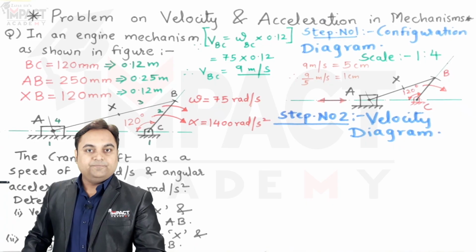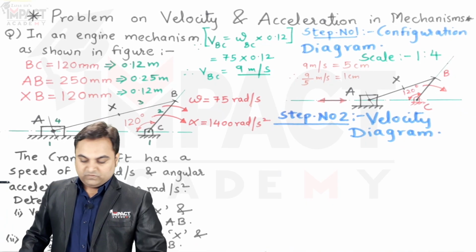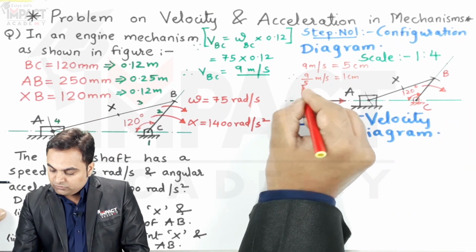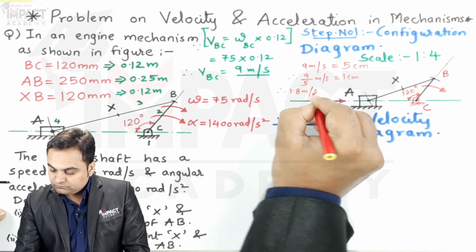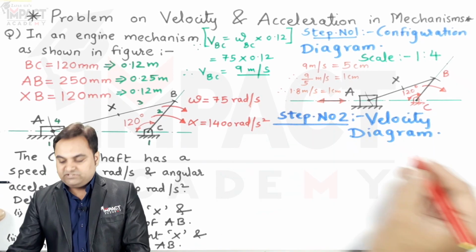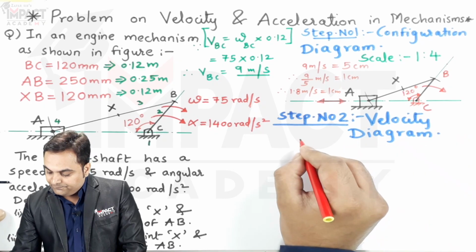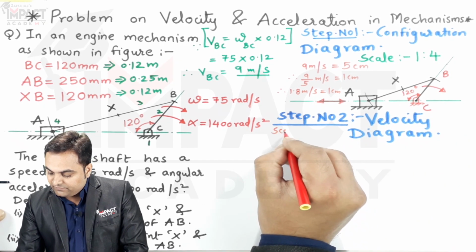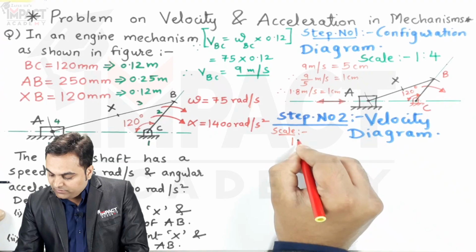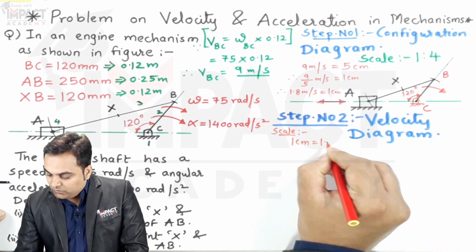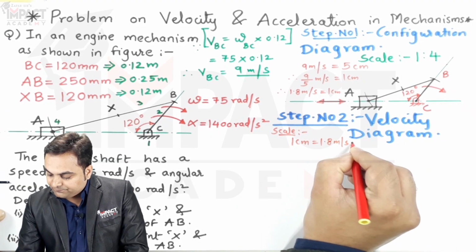So the scale becomes 1.8. This is the scale which I am going to use for the velocity diagram. That is, the scale is 1 centimeter is 1.8 meter per second.